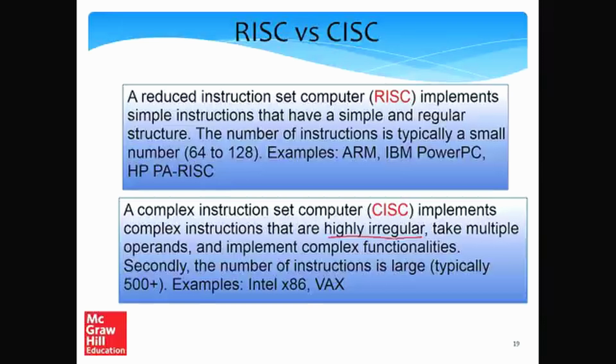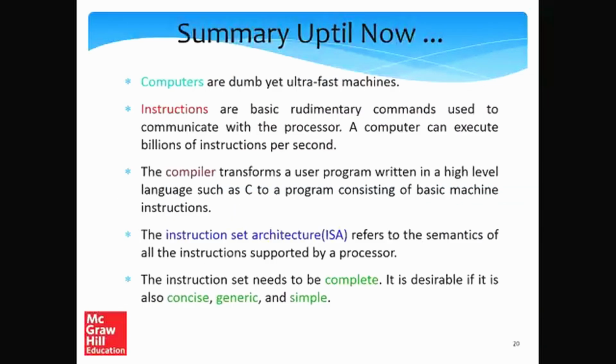CISC instruction sets are complicated, they have a lot of instructions, and some of them are complex, and Intel and AMD processors use them. So they have their positives and their negatives, and we'll get a lot of chance to discuss them as we move through this lecture series. But we are not in a position right now to evaluate the trade-offs.